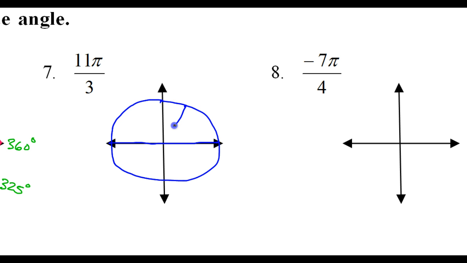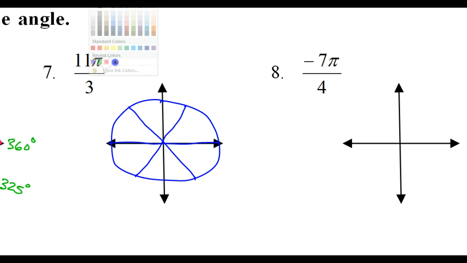Then if I were to separate this thing into thirds, it would look like this. Okay, again, ignore the y-axis. Ignoring the y-axis, you see I've got 1, 2, 3 pieces. So the top half is pi, so each one of these is a third of pi, or pi over 3.